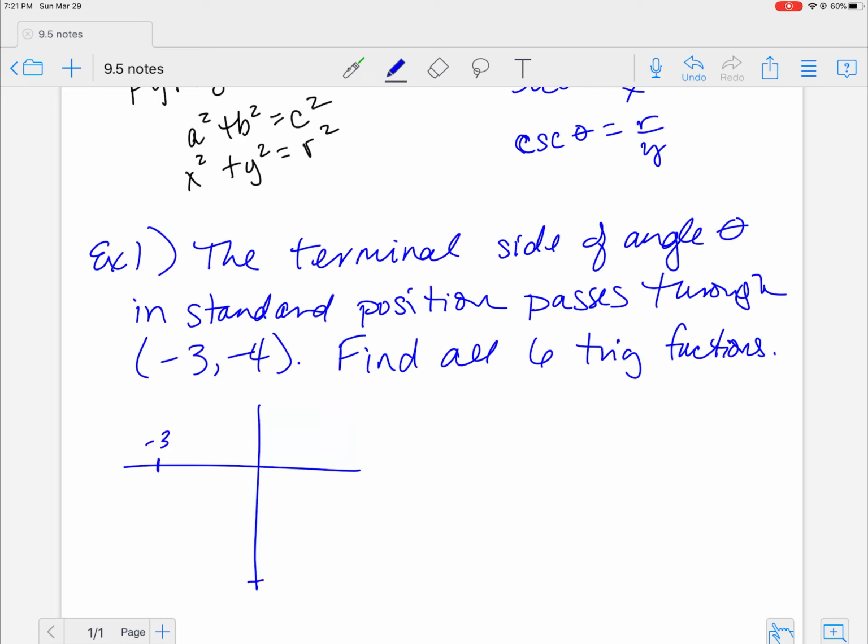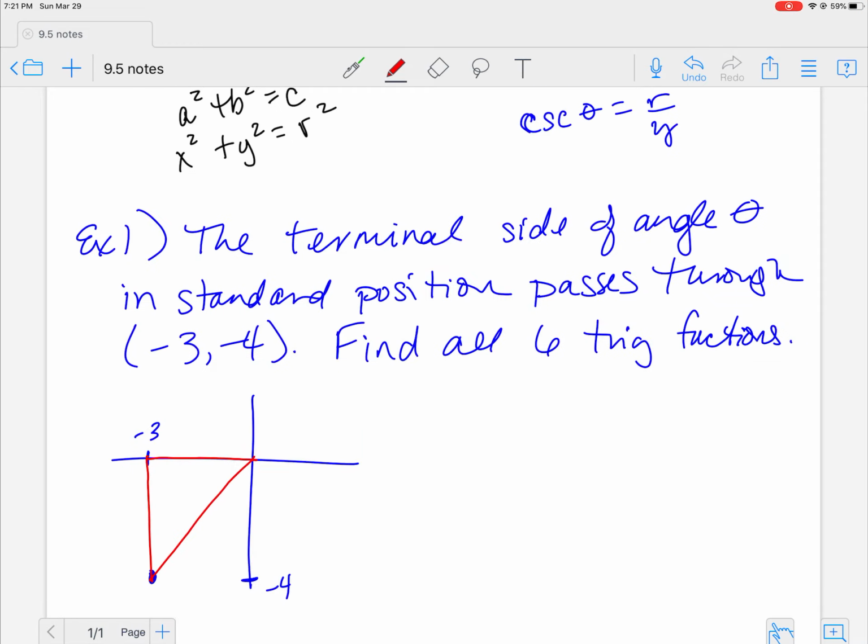Okay. So the first thing I want to do, since it says standard position, is draw my XY coordinate plane. I know this is at -3 over here for the x, and I'm going to go down to -4 for the y. So -3, -4 is going to be this coordinate point.